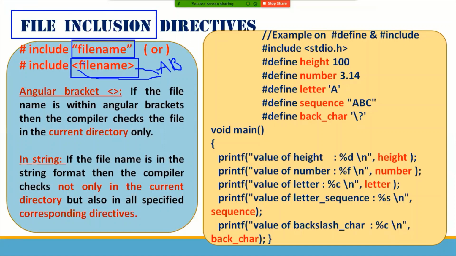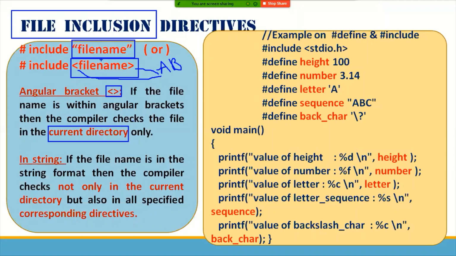If you include the file name by using angular brackets, in that particular case the compiler checks for that header file, either stdio.h or some other header file, within the current directory, and the corresponding functions will be accessed from that directory.